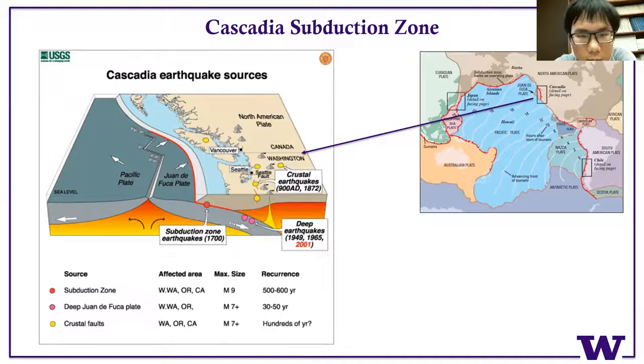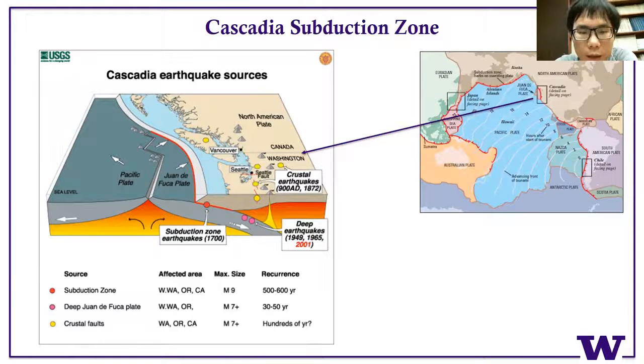It's where the Pacific plate interacts with the North American plate. You can see in this figure that the Pacific plate is moving toward the North American plate, and there's a rupture between the two plates denoted by the red solid line.